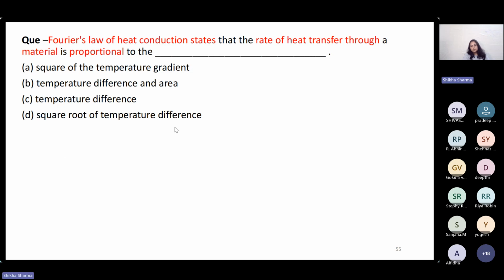Shivaswamy D says square root of temperature difference. Okay, let's see this solution.